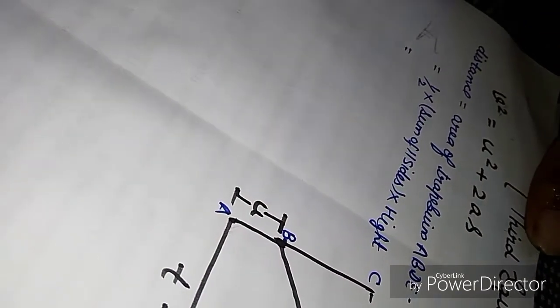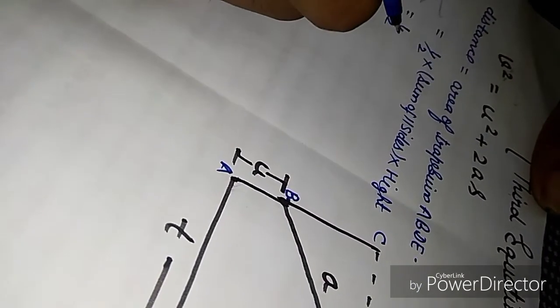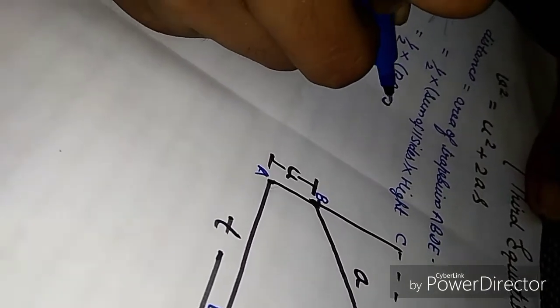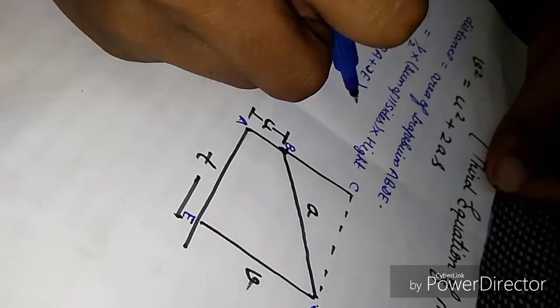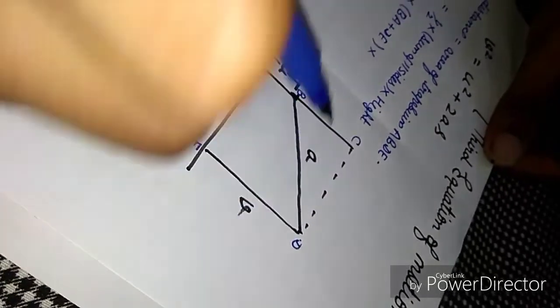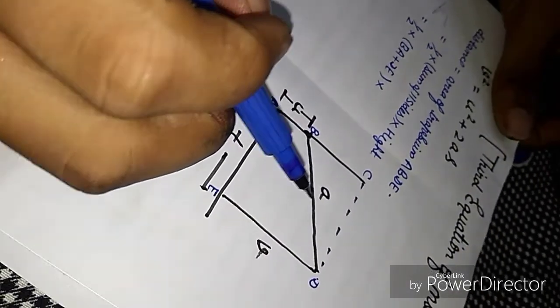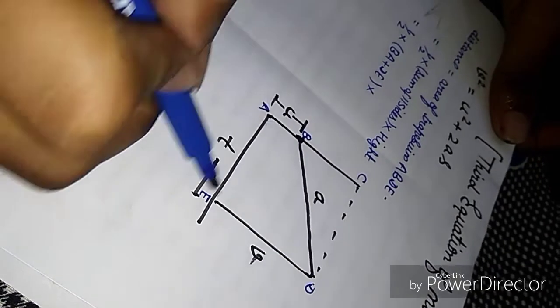Now we will put in the values. Sum of parallel sides: BA and DE are parallel, so BA plus DE, and the height of the trapezium is AE.